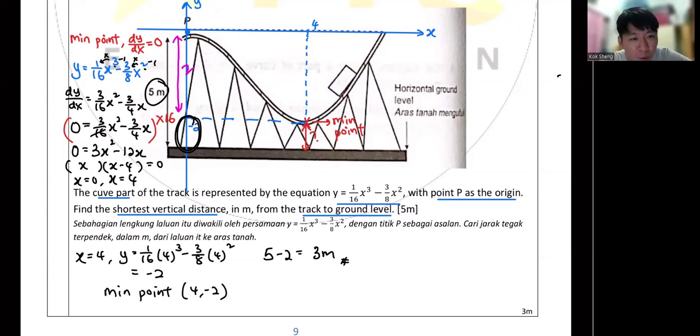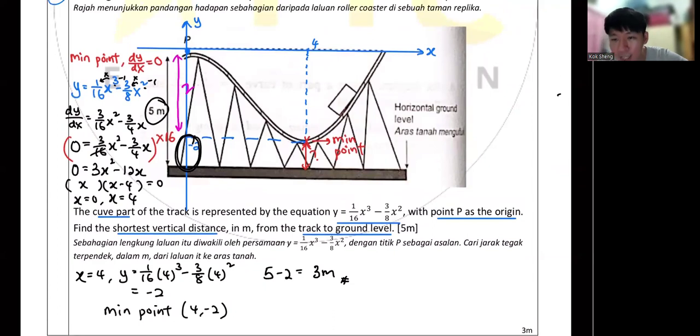27 done. Okay, before we finish, last one, I go for 46. Okay, done.